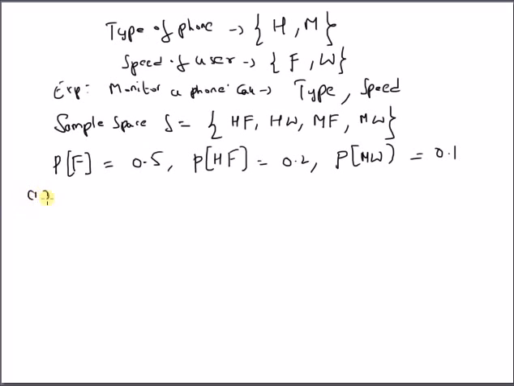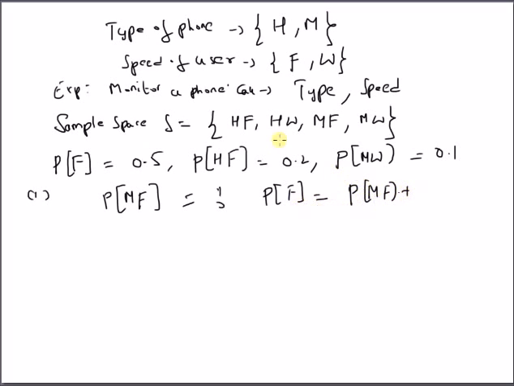The first one is we want to find the probability of MF, that is the user is using a mobile phone and is fast. This can be determined by using the law that the probability of an event is equal to the sum of the probabilities of the outcomes in the event.